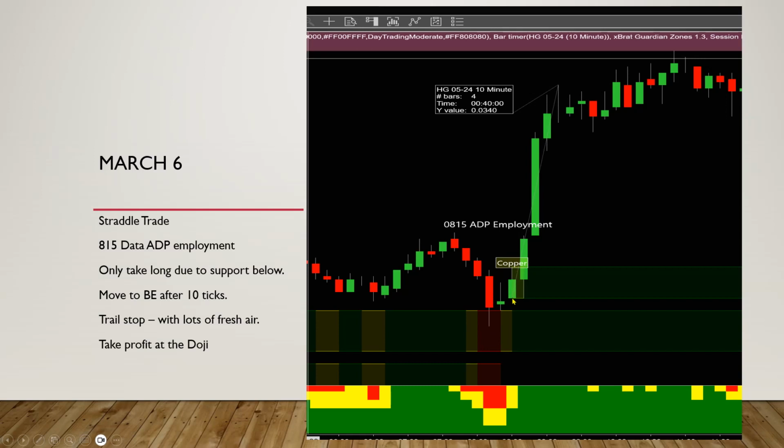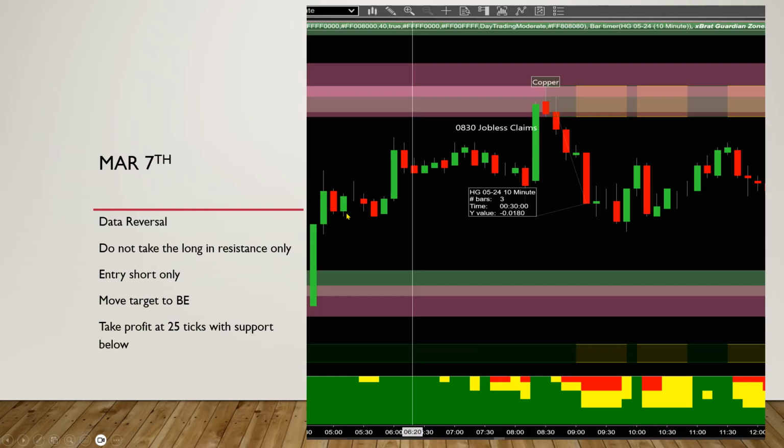We got the neutral bias, which allows us to use the straddle strategy. He's going to move to break even after 10 ticks, trail stop with lots of fresh air up to the next support and resistance zone up there, and he took profit on this doji at this point here. Great move, a textbook move for a straddle type trade.